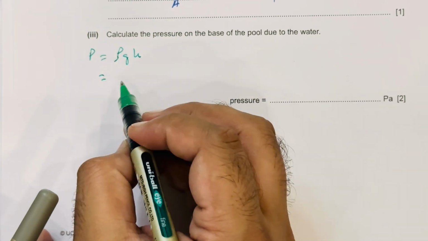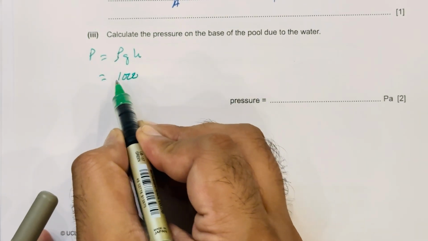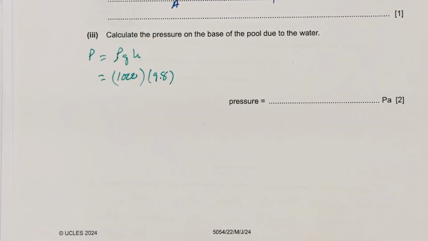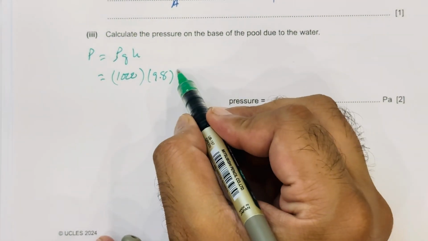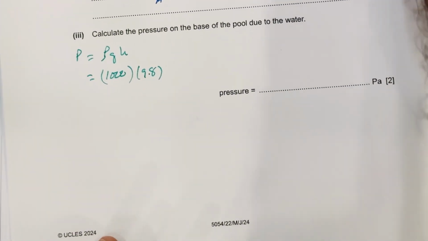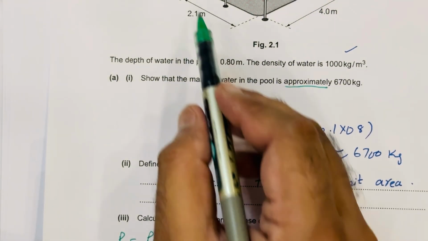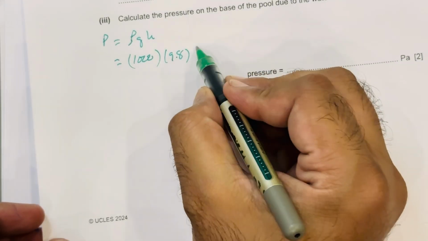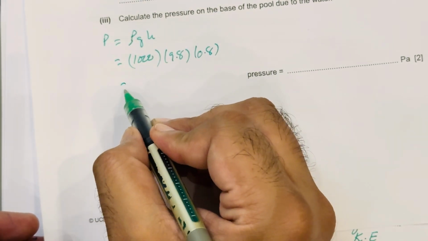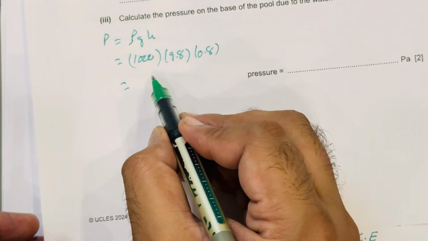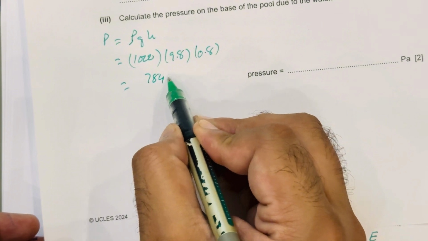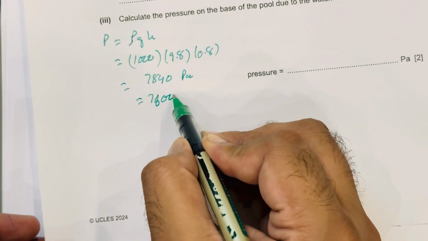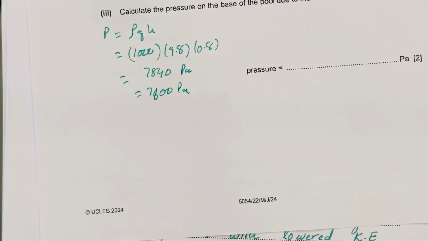The value of density is given, that is 1000, and from the instructions we know that we need to use 9.8 as the g value, and the height of the swimming pool is 0.8 meter, that is mentioned as the depth. So we multiply them and we get the answer, that is equal to 7840 Pascal, or you can write in two significant figures 7800 Pascal.